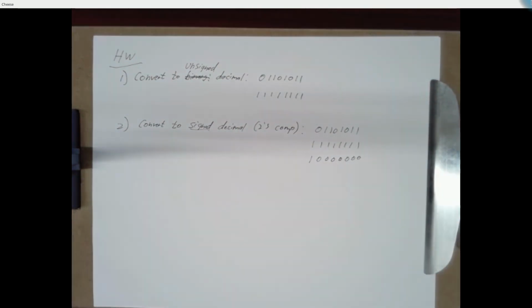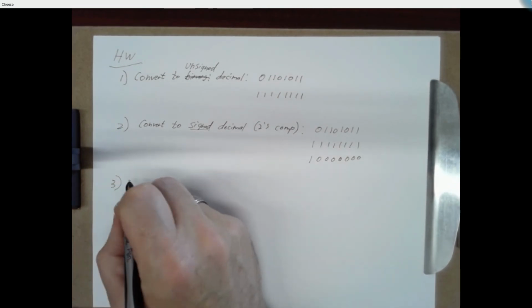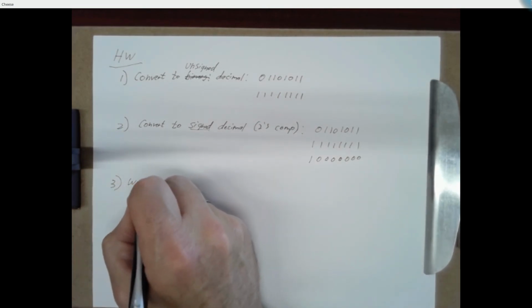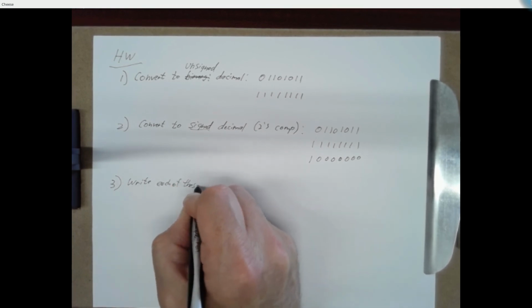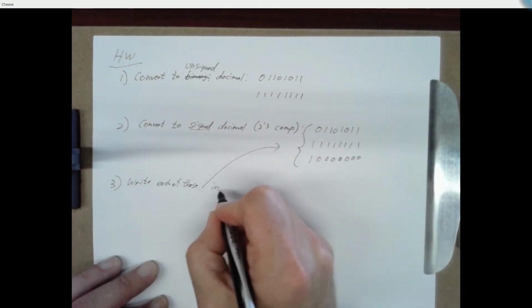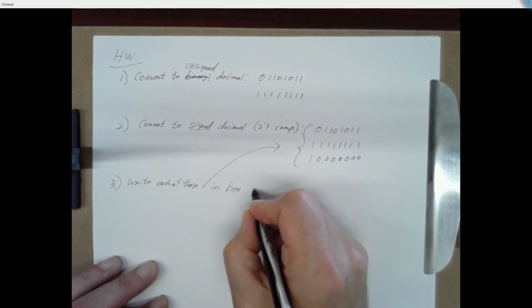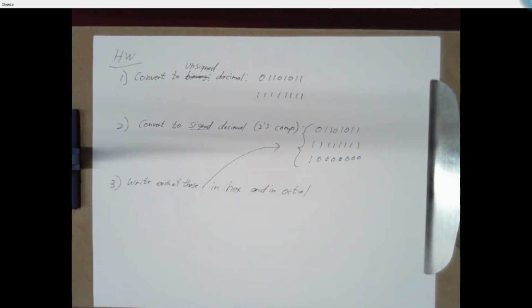Those are all 8 bits. And for part 3, write each of those 3 numbers in hexadecimal and also in octal.